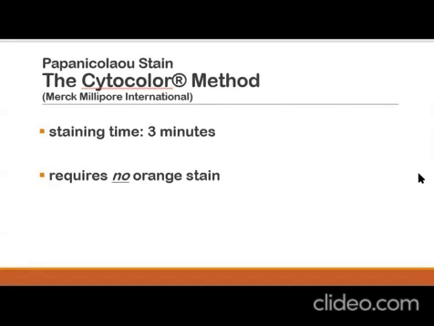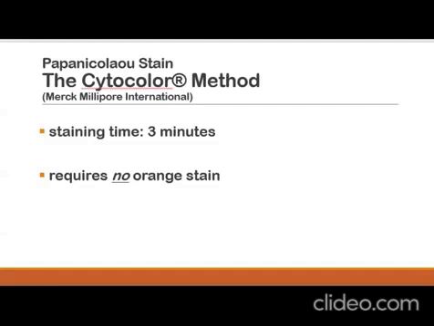Okay? So, since wala pong orange stains sa method na ito, both your mature and keratinized cells, they appear as pink instead of orange.